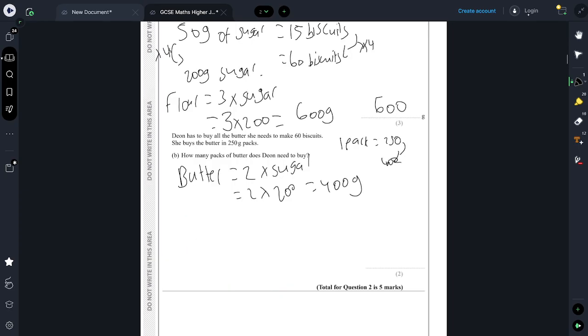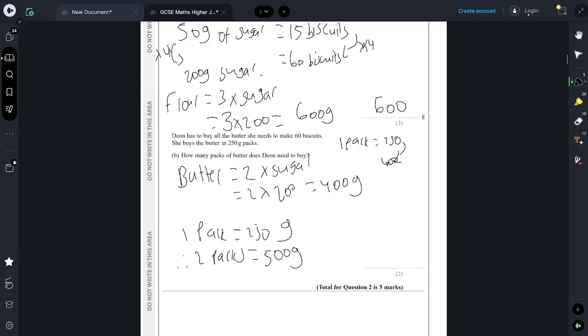So we know that 1 pack, let's reiterate, is 250. It's going to be a weird number to get between 250 and 400. It's going to be a decimal, and because it's a non-calculator paper, it's going to be quite tricky. Or you can work it out, obviously, but it's going to be a mess. But anyway, we know that one pack is 250 grams of butter. So therefore, two packs, if we then go down, is 500.